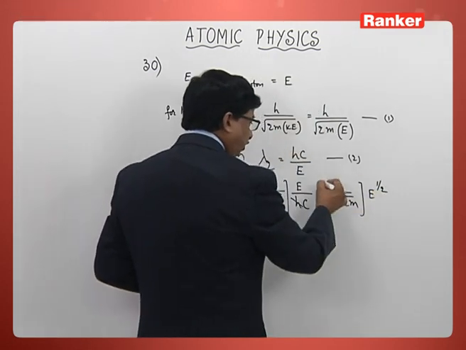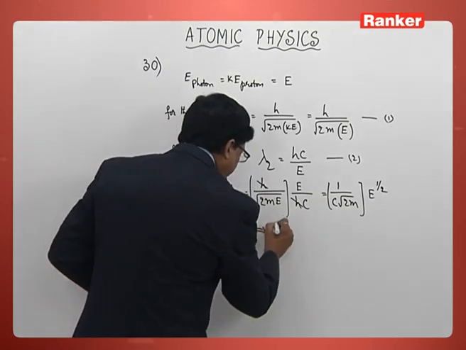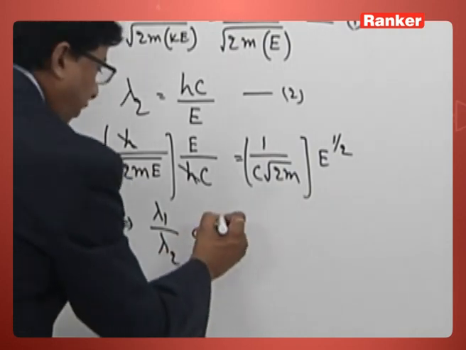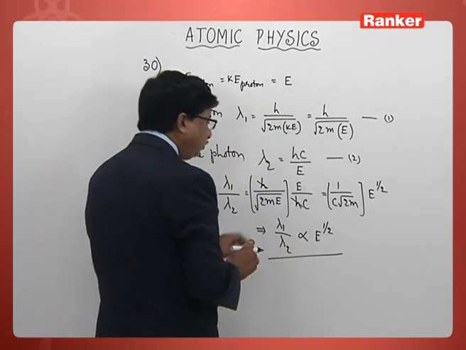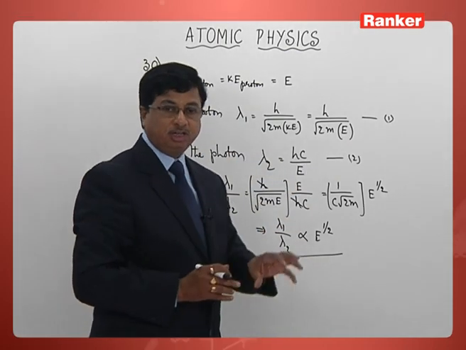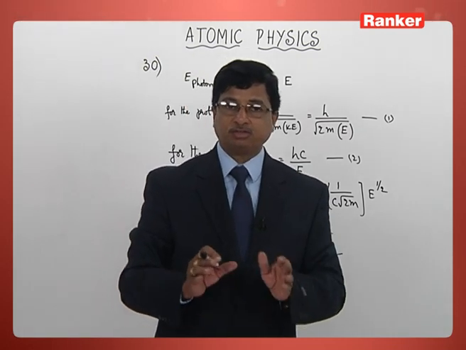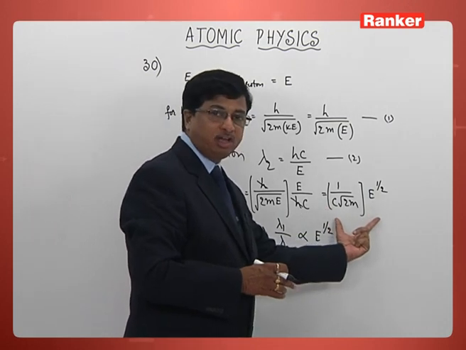If it comes to the numerator, automatically you will be getting this one again as E power half. So if I just take this one as a constant, then can't I just write lambda 1 by lambda 2 is directly proportional to E to the power half now? That is what he is asking you. It is directly proportional to what is the question. He is not asking you the complete equation. Complete equation means you should have mentioned this one as the answer.